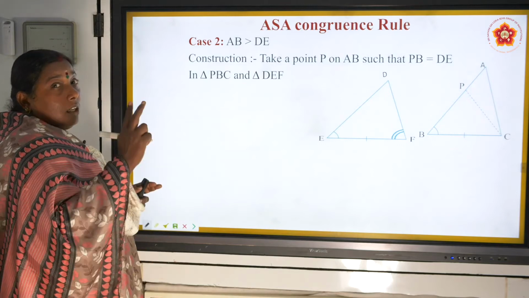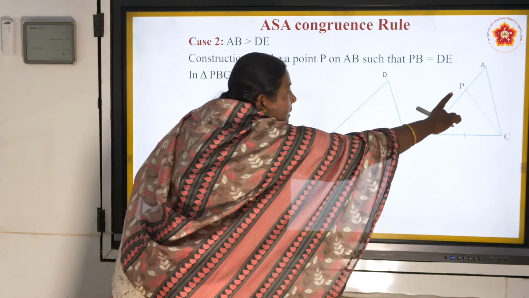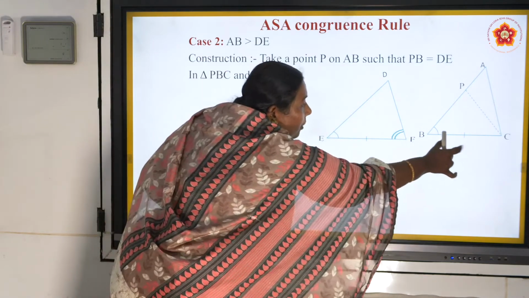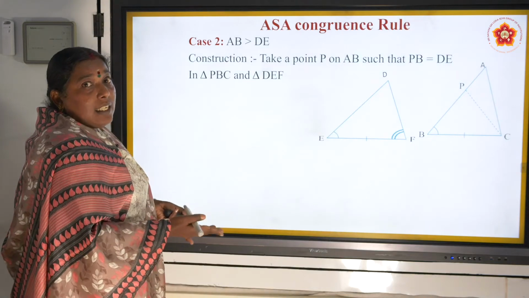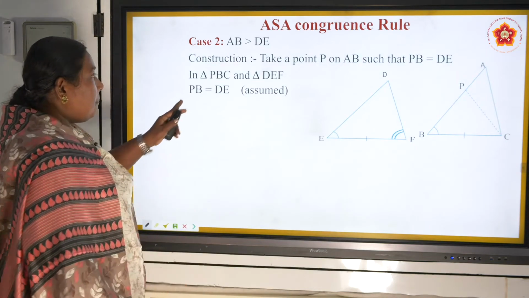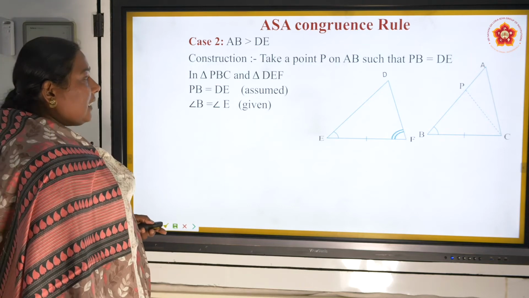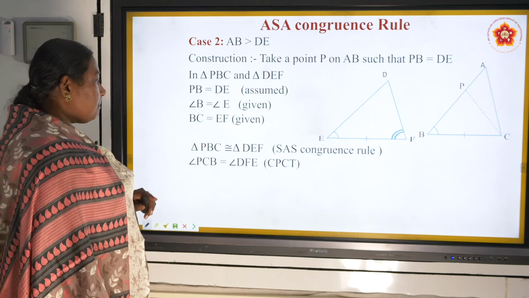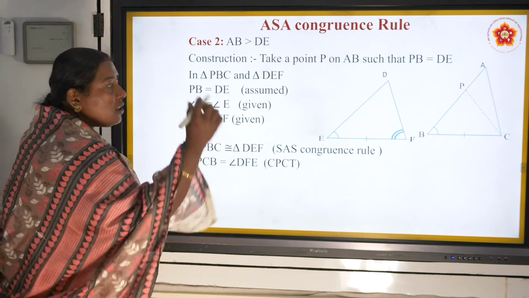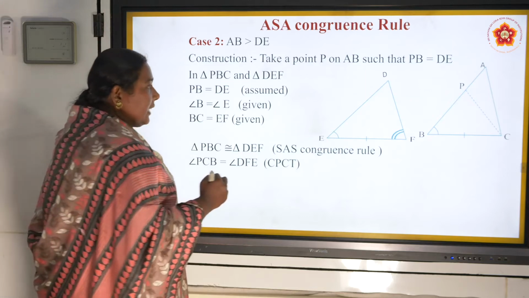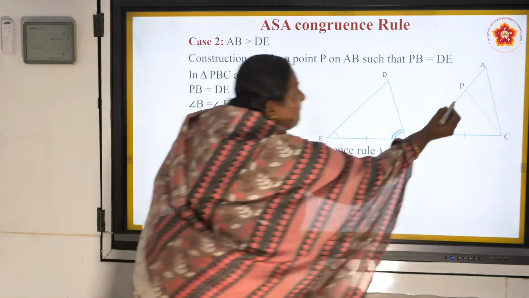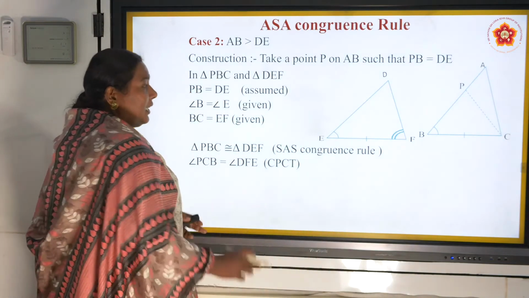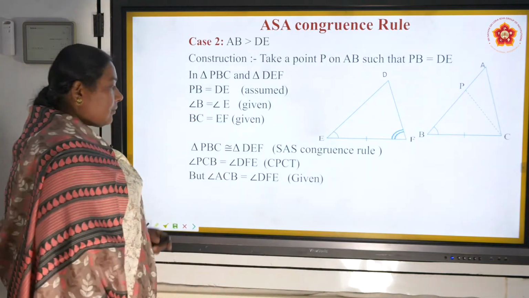So now I have two sides equal, PB and DE equal, angle B is equal to angle E, BC is equal to EF. Now comes my SAS congruency. Let us write it. PB is equal to DE, angle B is equal to angle E, BC is equal to EF. So SAS congruency. Now, because of the SAS congruency, angle PCB is equal to angle DFE.